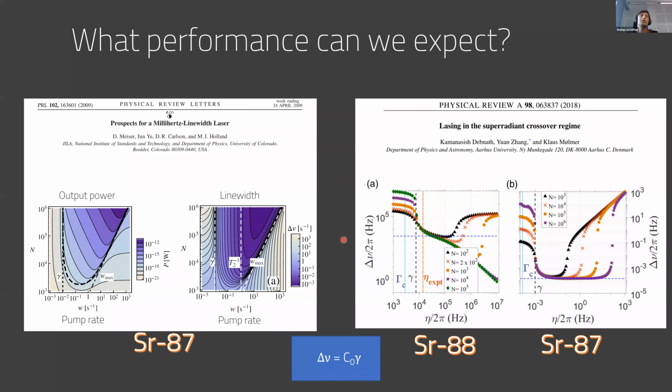What performance can we expect from a continuously operating system? This was already predicted by a couple of different groups.